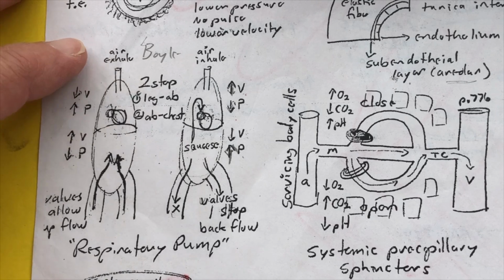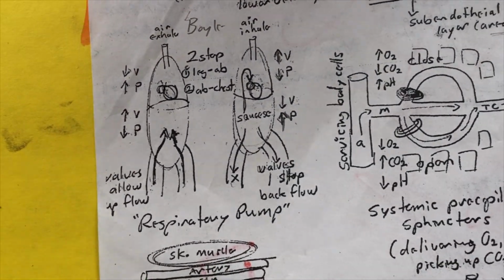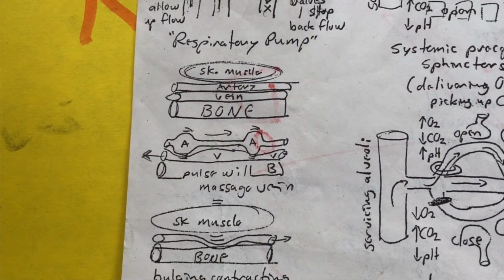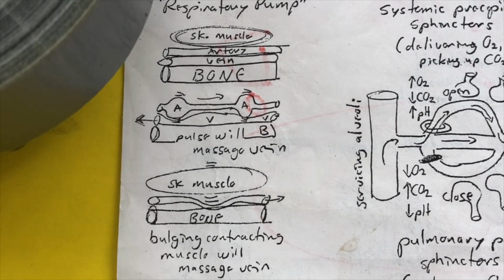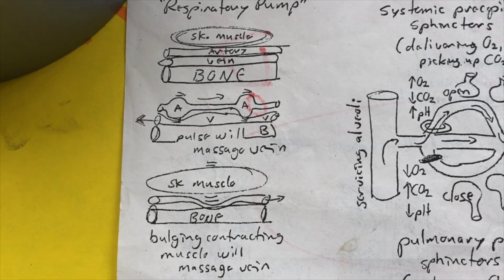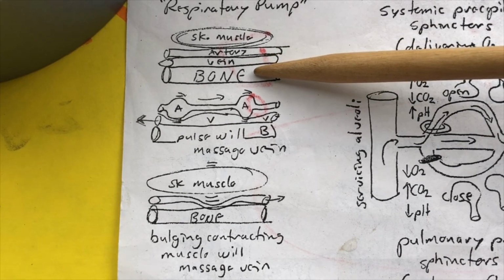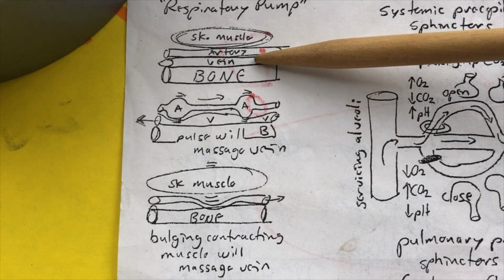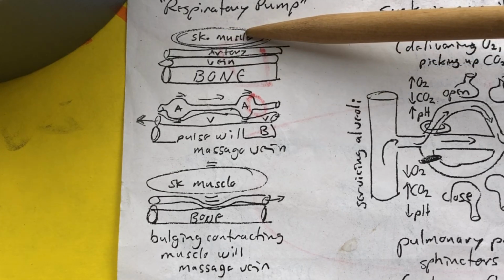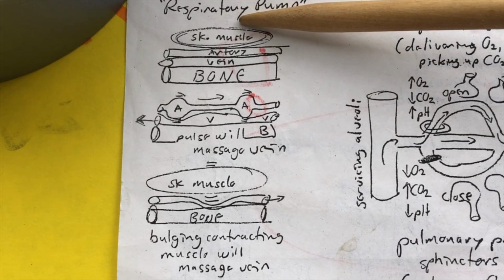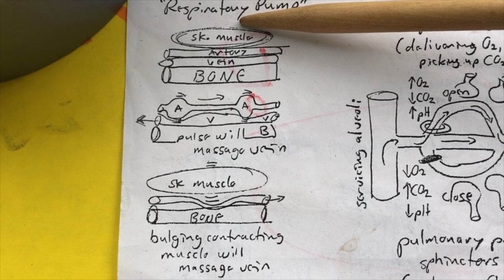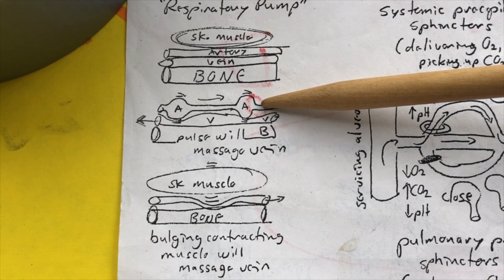All right. Now, another thing that allows the blood to move up towards the heart is the muscular pump. And the muscular pump refers to the fact that deep next to the bone, say in your leg, you have a deep artery and a deep vein, then there's muscle above that, and then skin above that. Well, it turns out that the artery, of course, has a pulse in it.